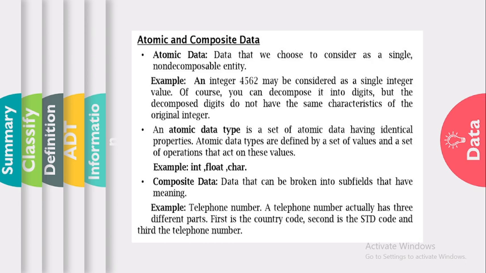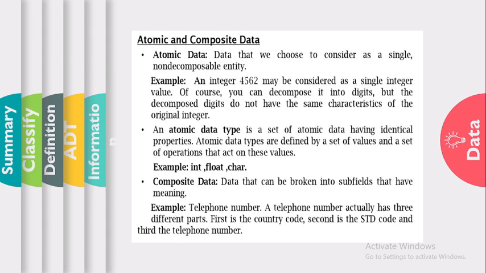Of course, you can decompose it into digits, but the decomposed digits do not have the same characteristics of the original integer. An atomic data type is a set of atomic data having identical properties.